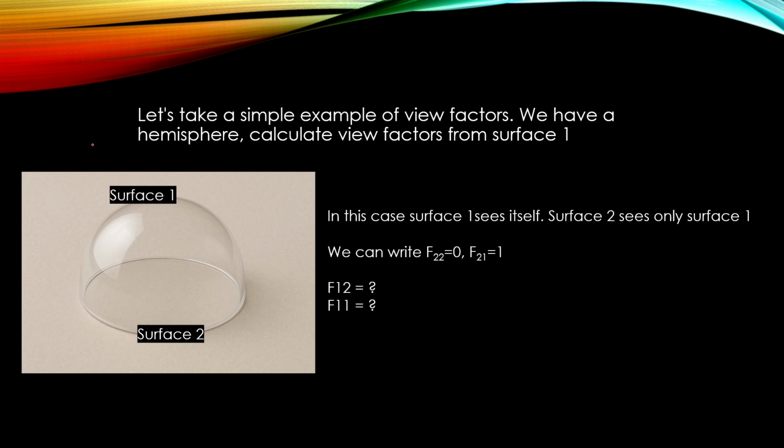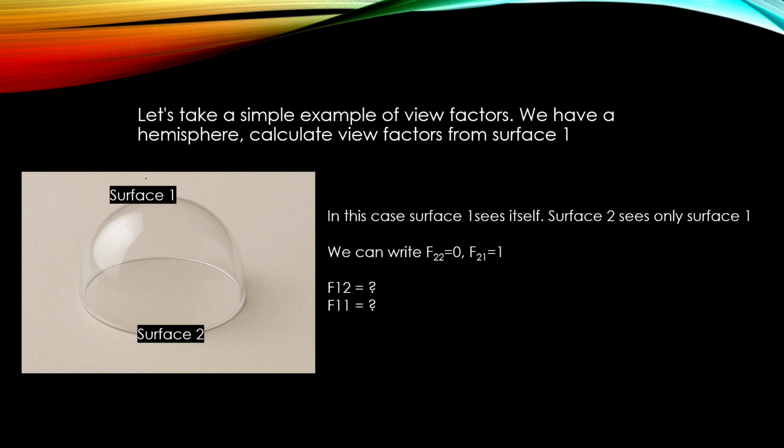In this case we have surface 2, which is a plane surface, and it will never see itself, so we can set F2 to 2 is 0, then F2 to 1 must be 1. So surface number 2 is seeing only surface number 1.